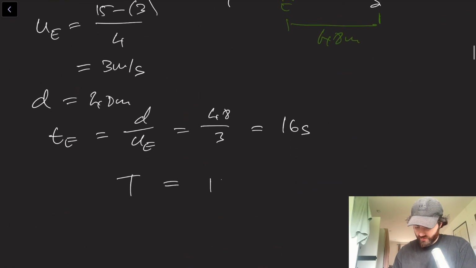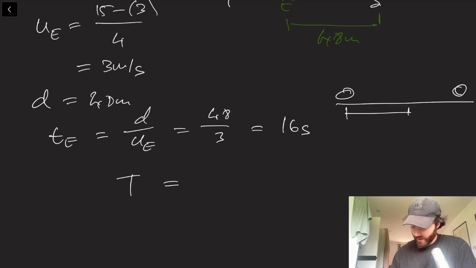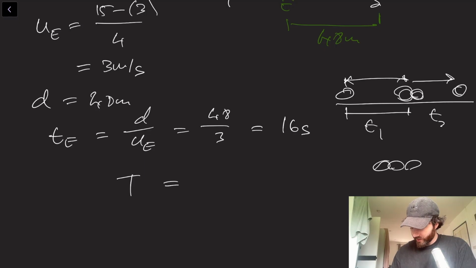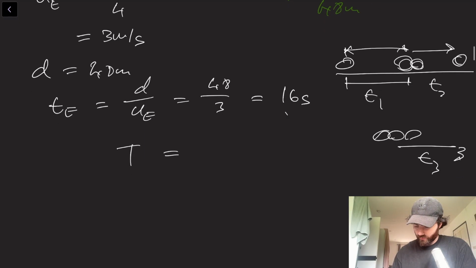So this is going to be the time that A hits B, this bit, and then when B hits C, so this is like T1, T2, and then finally when E reaches Z. So that'd be our T3, which is what we found here. So T1 plus T2 plus T3.